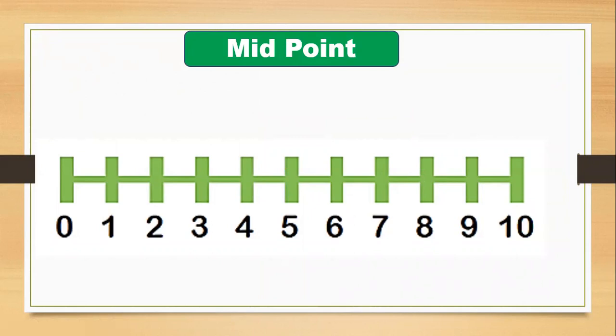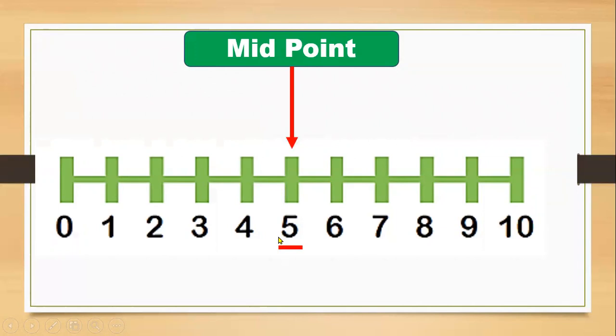Look at the numbers from 0 to 10. Look at the 5. The 5 is the midpoint, the middle number. When you count from 0 to 10, the 5 is the midpoint.